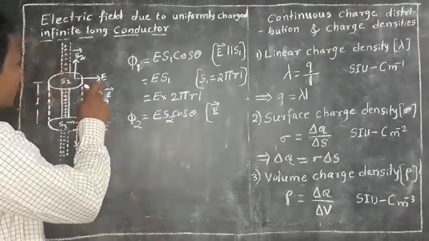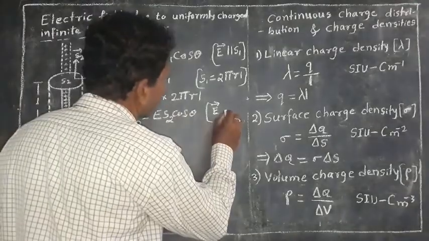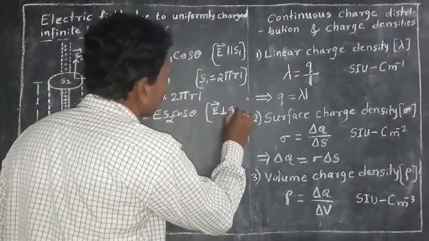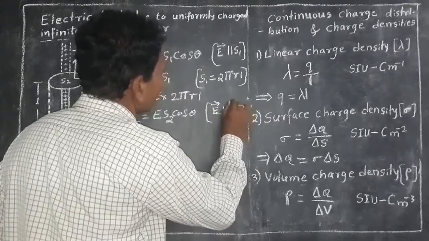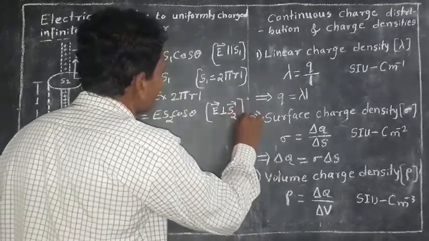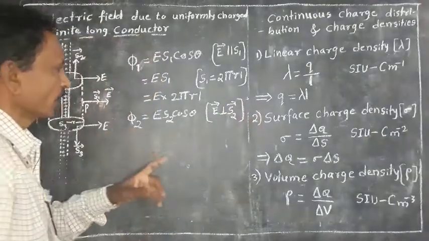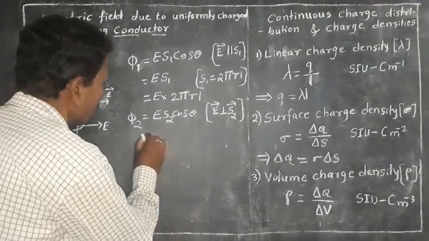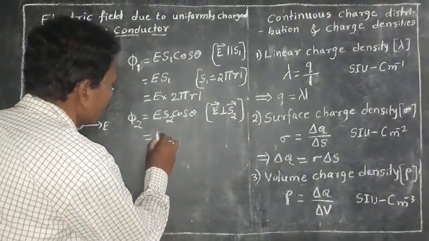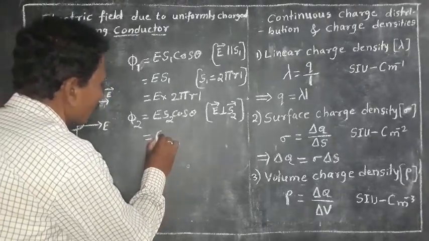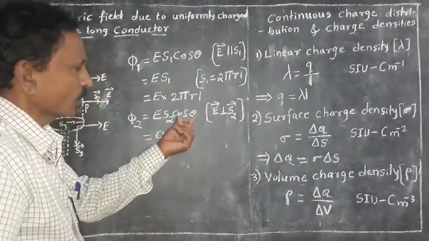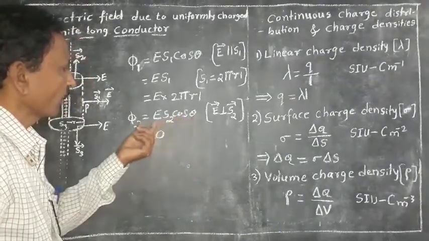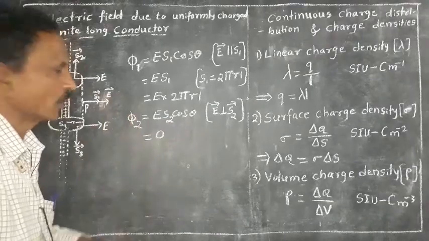Therefore, E and S2 are perpendicular to each other. That means theta equals 90 degrees, cos 90 equals 0, and therefore phi 2 equals 0.